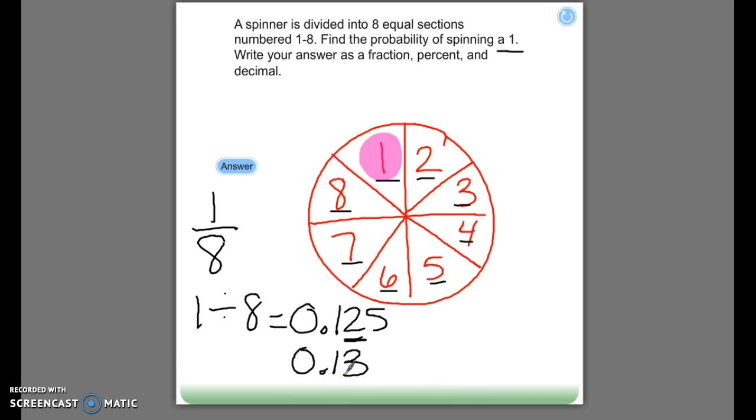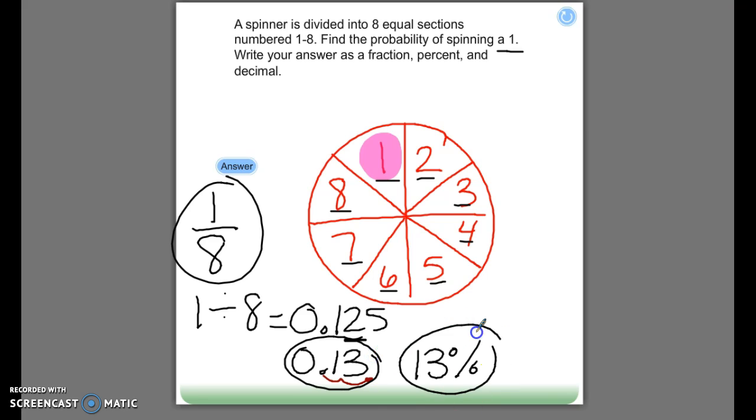And then to change it into a percent, I move the decimal back 1, 2, and I get 13%. So my answers for the probability of spinning a 1 is 1/8, 0.13, and 13%. All right, what I would like you to do is go ahead and pause this video, and I want you to do Got It A.